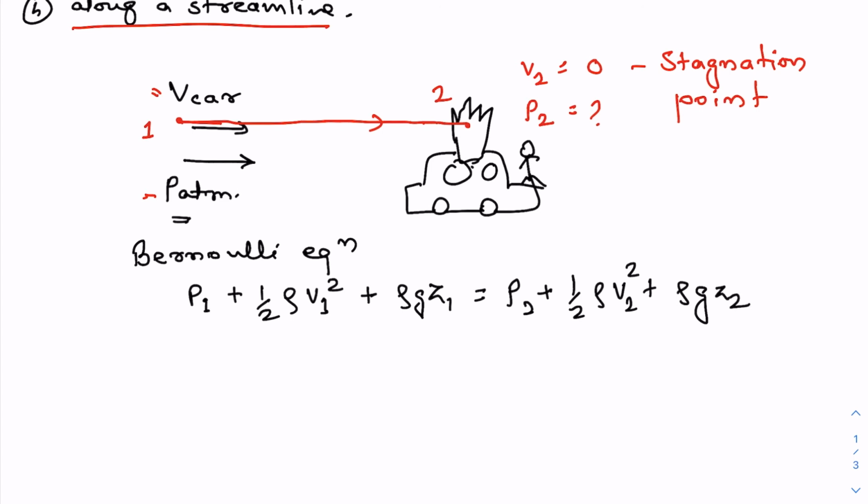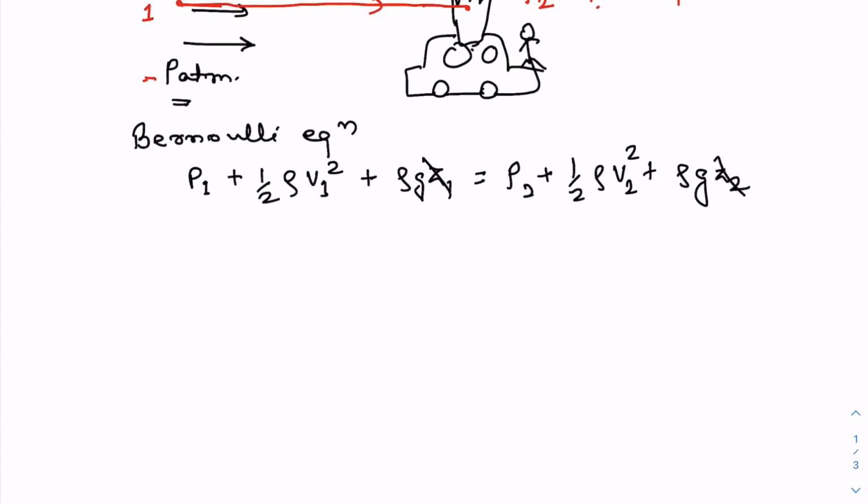Since Z1 and Z2 are the same, as we are considering a streamline which is horizontal, we can get rid of these two terms. So P2 will be simply P1 plus half rho times (V1 squared minus V2 squared).